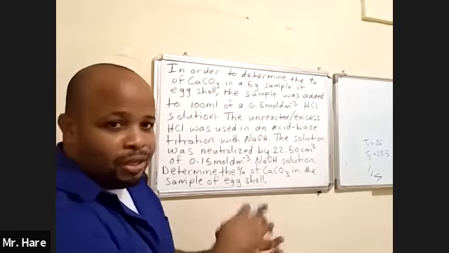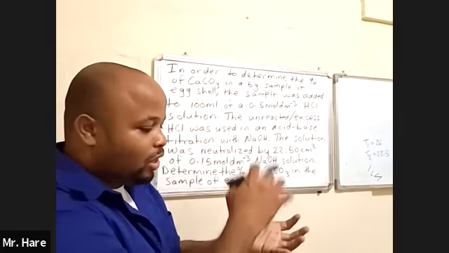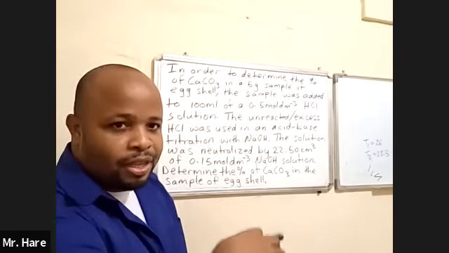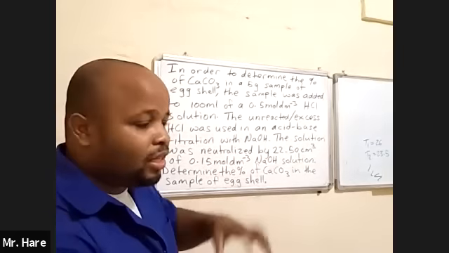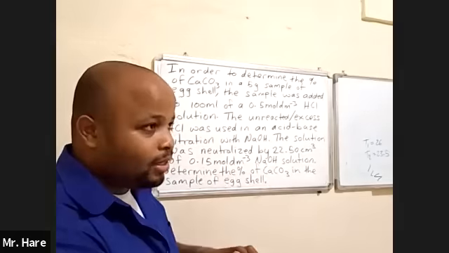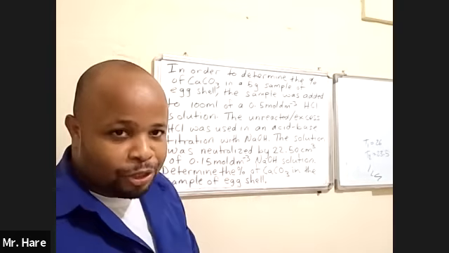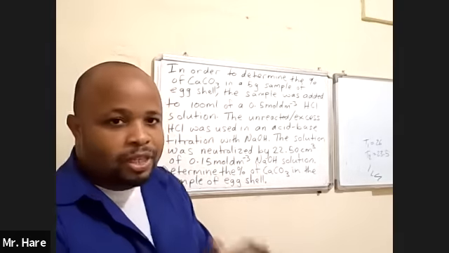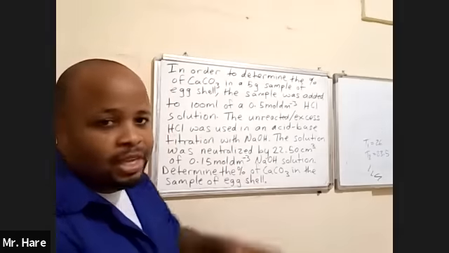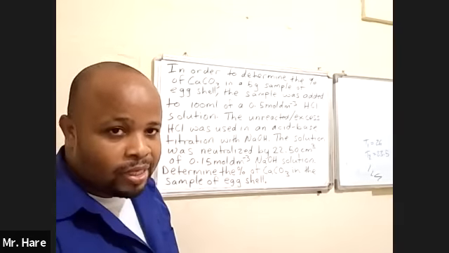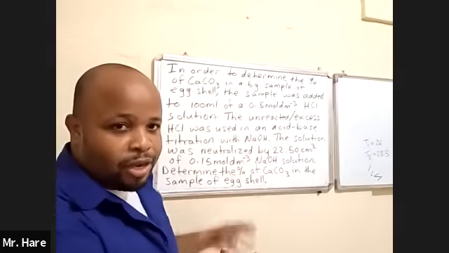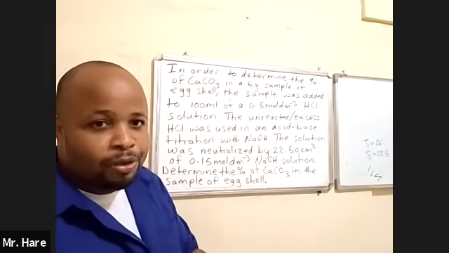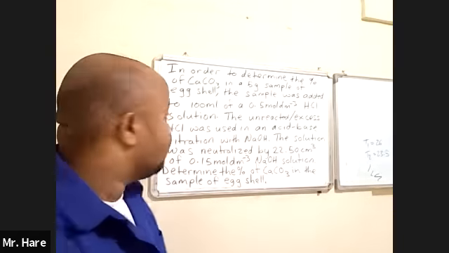Once that reaction is completed, the solution that was added in excess, we're going to use in a titration. The information for the titration is provided in the second part of the question. So the first part is always the reaction, and the second part is the titration.